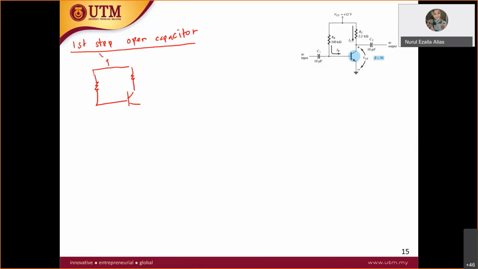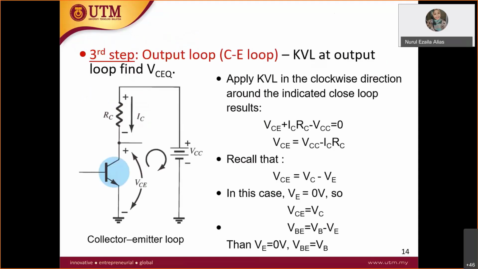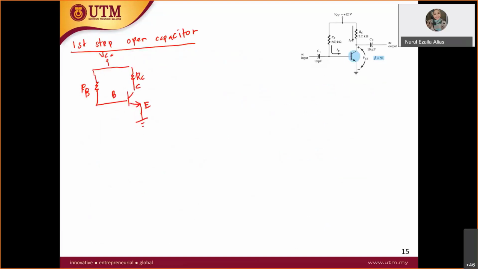This is your VCC, this is your RB, this is your RC and this is ground. So base, collector, emitter. At base to emitter you have the voltage VBE, and VBE is always approximately equal to 0.7 volt.